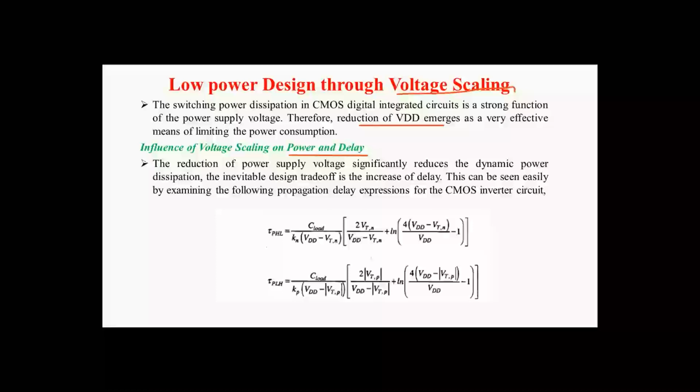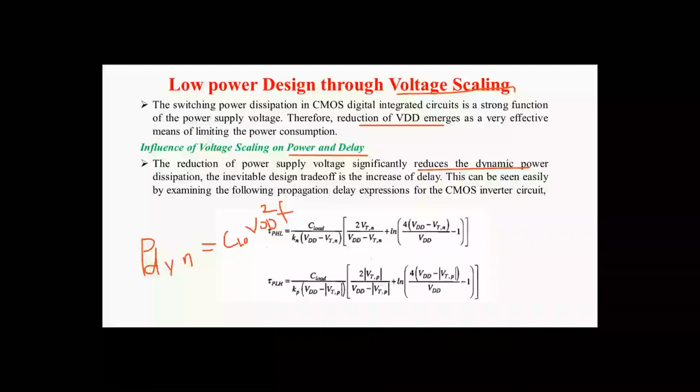First, we can see the reduction of the power supply. It reduces the dynamic power dissipation. We know the expression for dynamic power: P dynamic is equal to C load, the load capacitance, times VDD square, times the clock frequency.